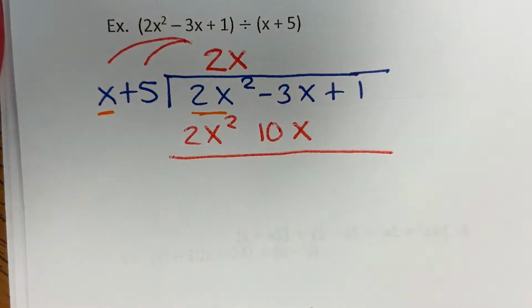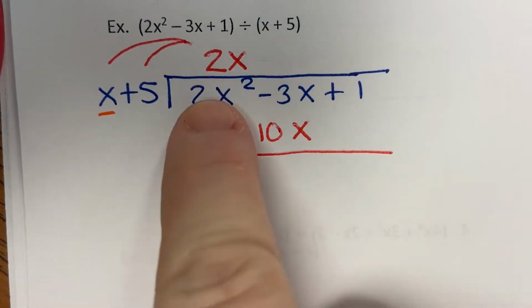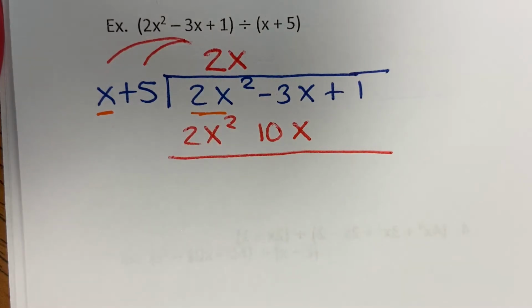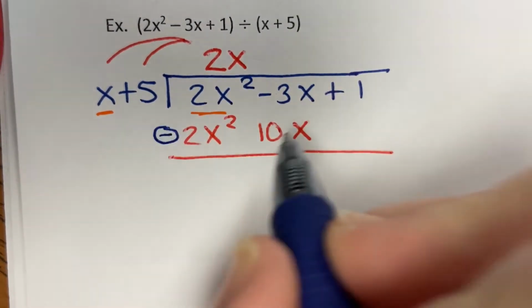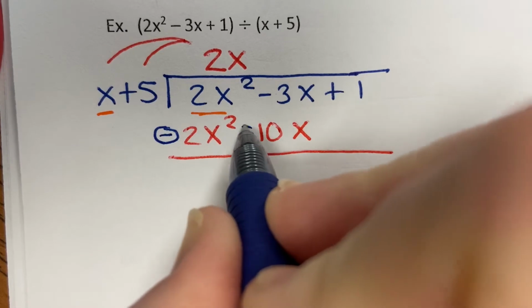Now this is where things are going to get a little weird. Remember, this doesn't cancel out unless you subtract it. But when you subtract a polynomial, you're really distributing that negative, which ultimately just changes the signs. So instead of this being positive, it becomes negative. Instead of this being positive, it becomes negative.